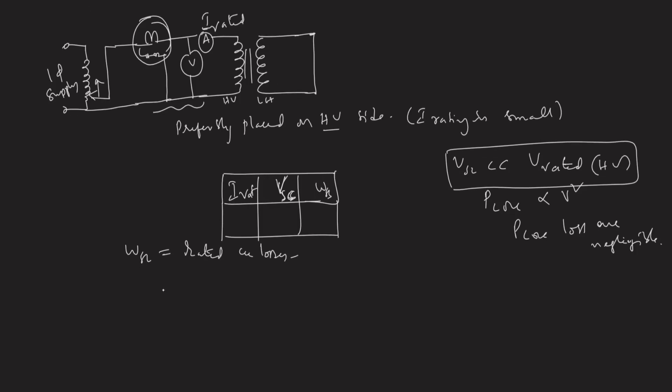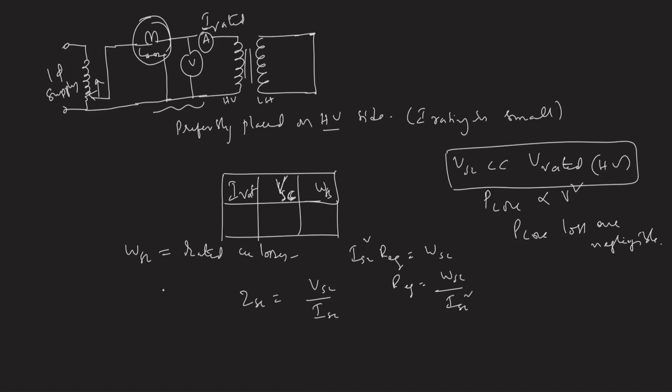Now how do I calculate the equivalent referred resistance and reactance? Simply, ISC square R equivalent is equal to WSC. So R equivalent is equal to WSC by ISC square, and ZSC on the other side I can say is VSC divided by ISC.